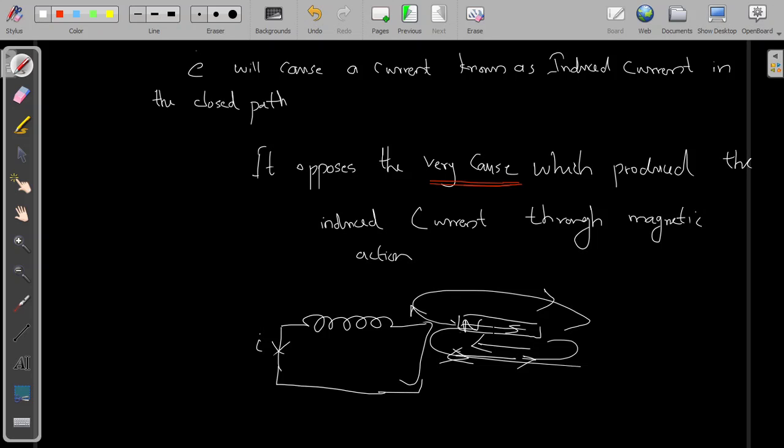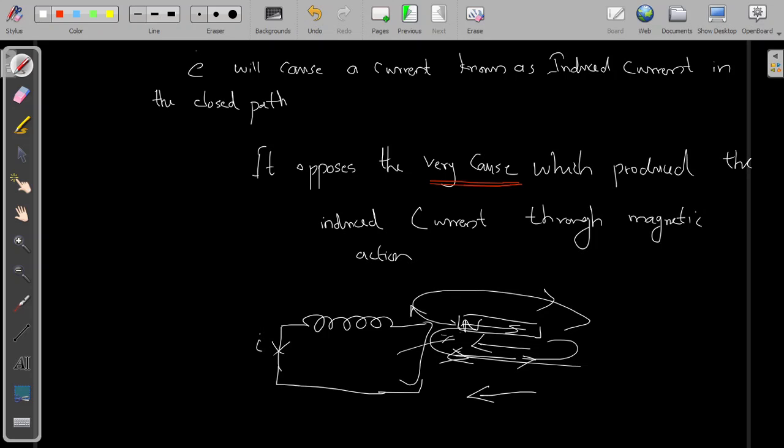So the motion of this bar magnet from right to left, that is the cause of this induced current. So the direction of this induced current is in such a way that it should oppose this change in magnetic flux linkages, or in turn the motion of this bar magnet from right to left.